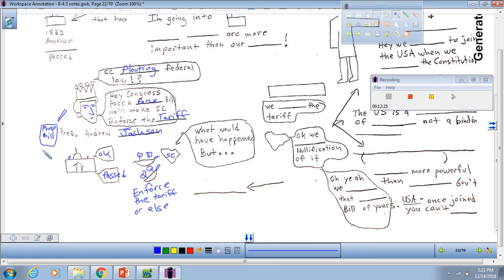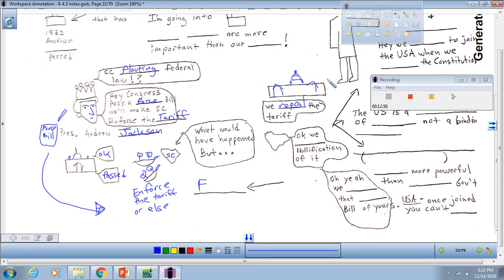So the force bill said, enforce the tariff or else. And what would have happened is soldiers would have been sent to South Carolina to enforce the tariff. But in the meantime, Congress decided to repeal the tariff. They said, we repeal the tariff.